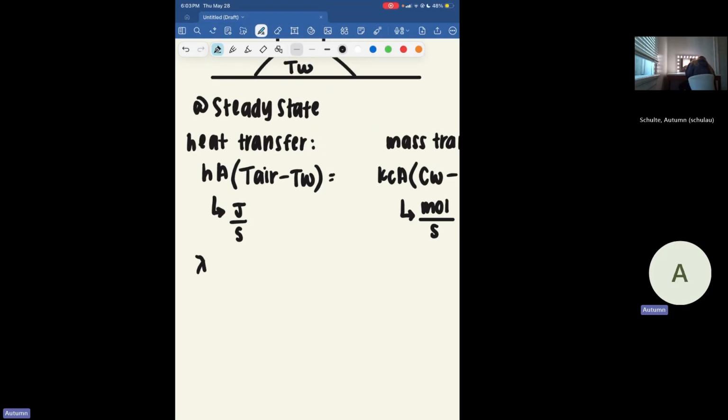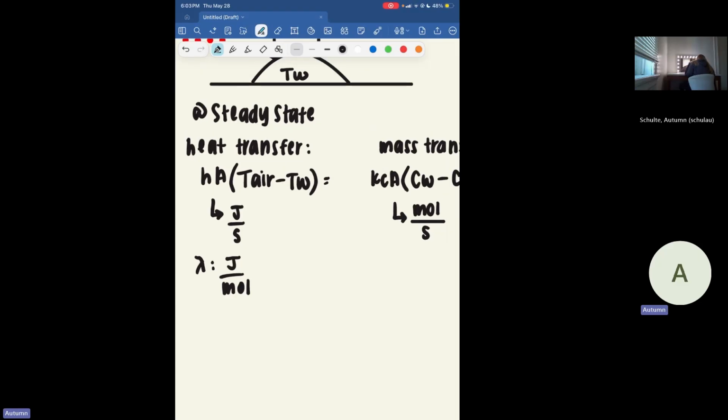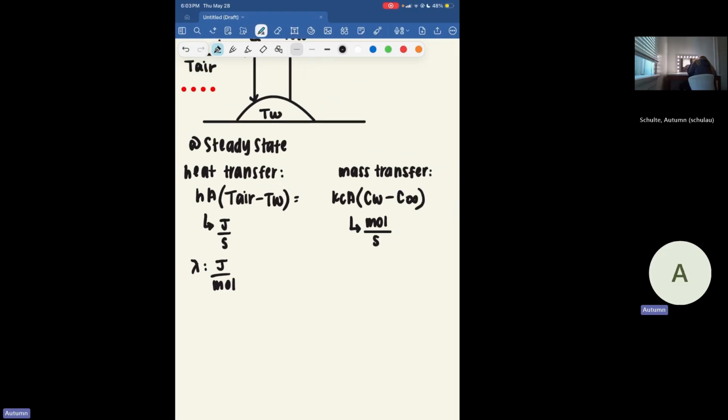Sorry, the enthalpy of vaporization has units of joules per mole.